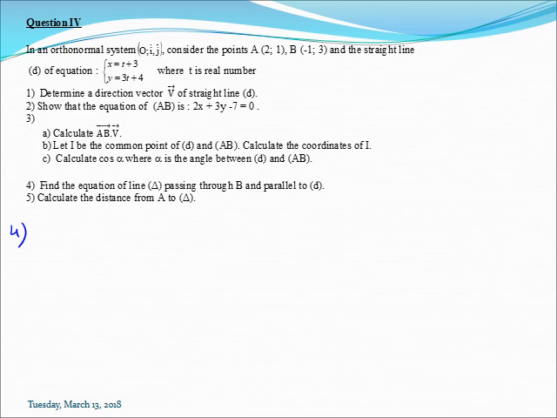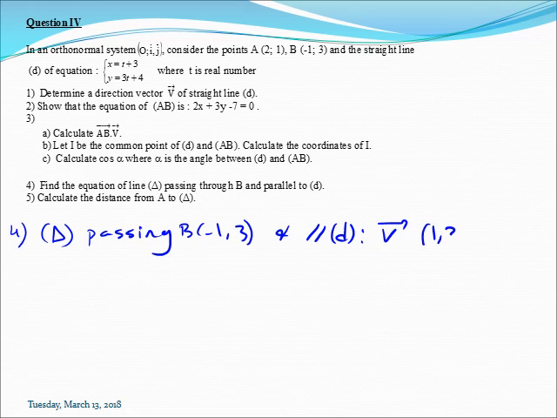Number 4. Find the equation of delta passing through B and parallel to D. Delta passes through B (minus 1, 3) and is parallel to D. D has a directing vector (1, 3). Let M be any point on the plane.